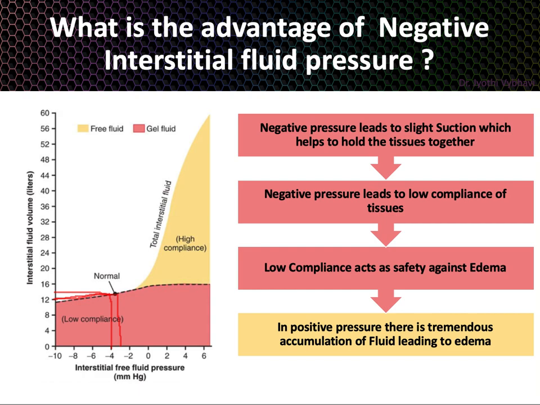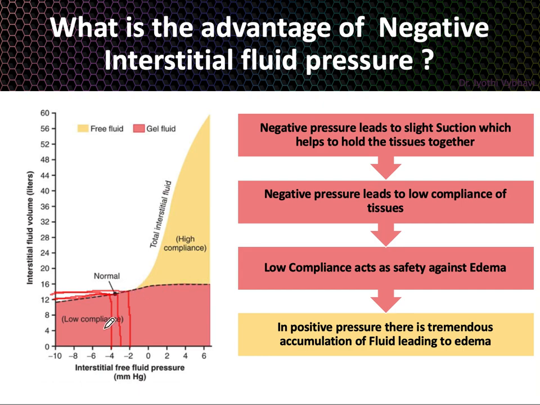Compliance means, for every millimeter change, how much is the volume getting changed? If the volume does not change too much for every millimeter change, it is called low compliance. Likewise, if I make it minus 2, not much change, almost the same, right?